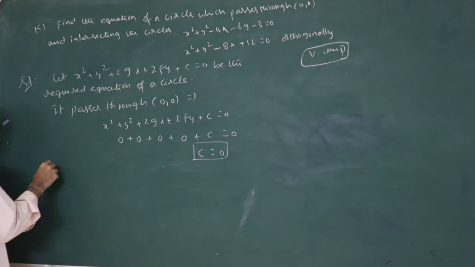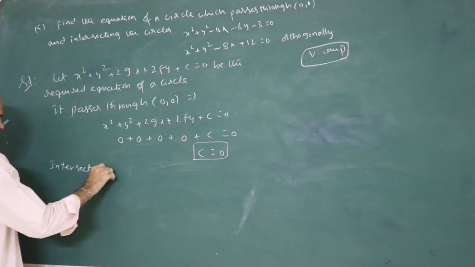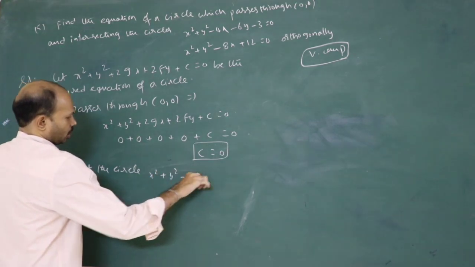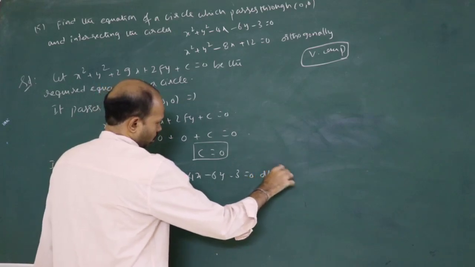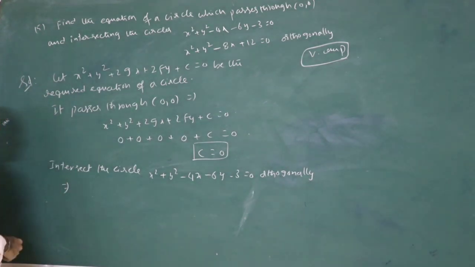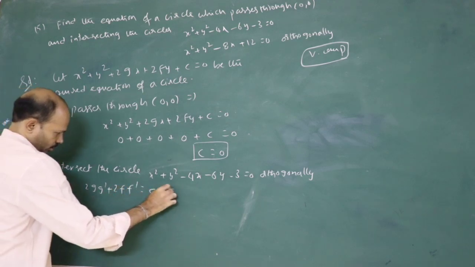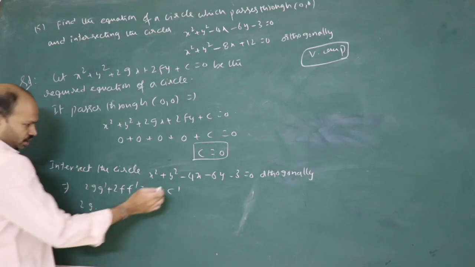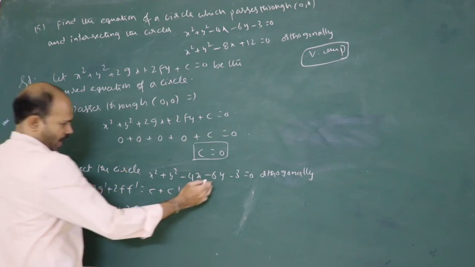Coming to the next condition. It intersects the circle x square plus y square minus 4x minus 6y minus 3 is equal to 0 orthogonally. Then apply the condition. You know what the condition is? 2gg dash plus 2ff dash is equal to c plus c dash. 2g, what is g dash? Minus 2. 2f, what is f dash?